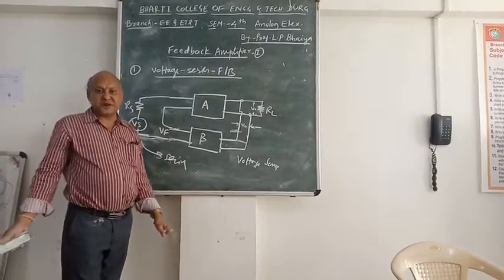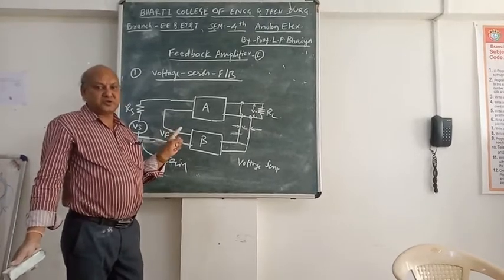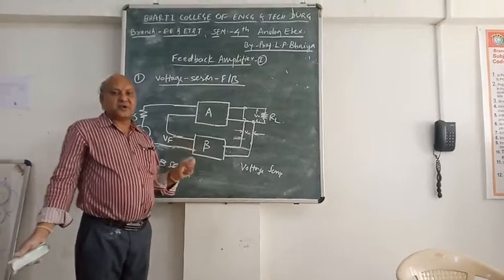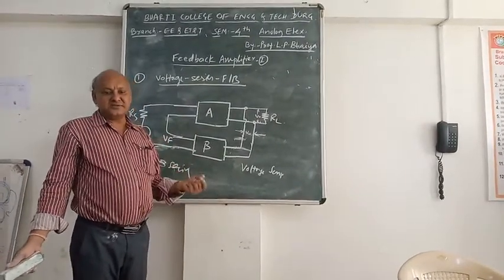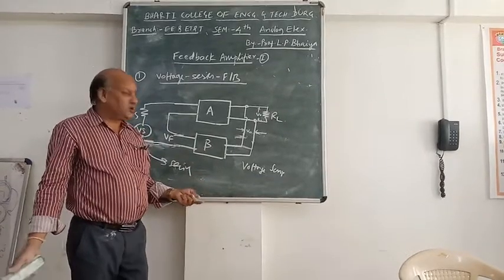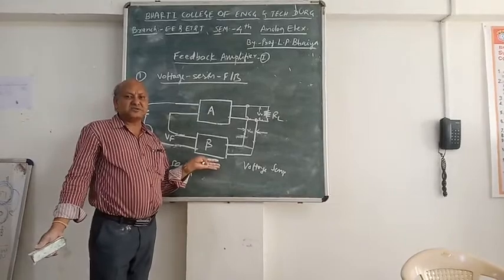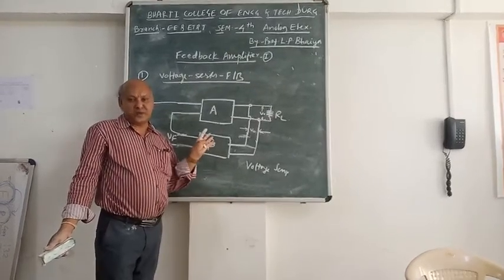Thank you very much for listening to this video, and I request you to go through the details of the feedback amplifier either from my notes or from standard books. Millman and Halkias is the standard book used. You can go through it, and refer to the university question papers, at least the last 5 years' questions on the feedback amplifier. Thank you very much.